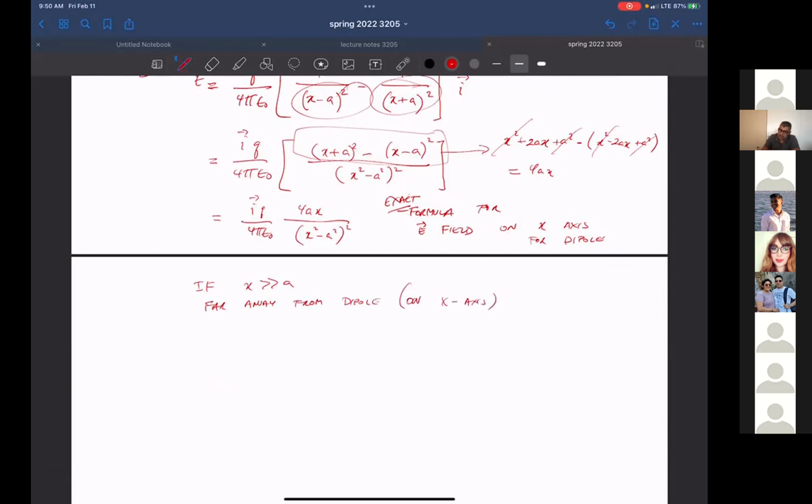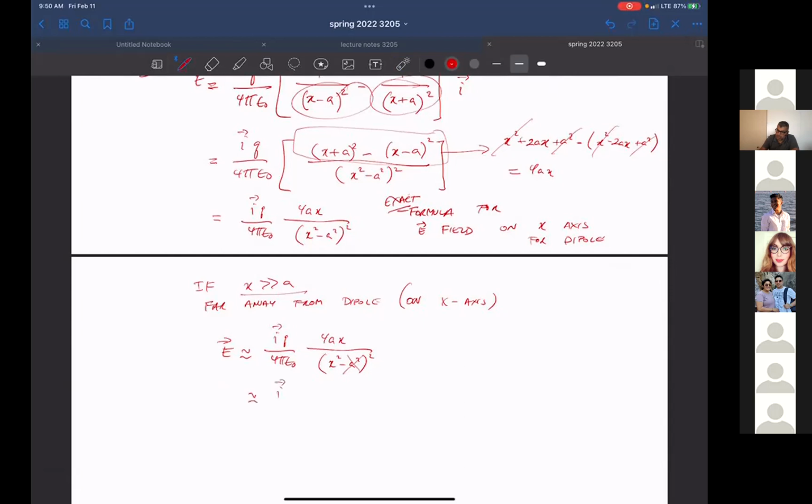So this would be this electric field. Now we're talking about approximately, because I'm going to copy this over. If x is much bigger than a, then I don't really worry about that term, because x is going to trump it.